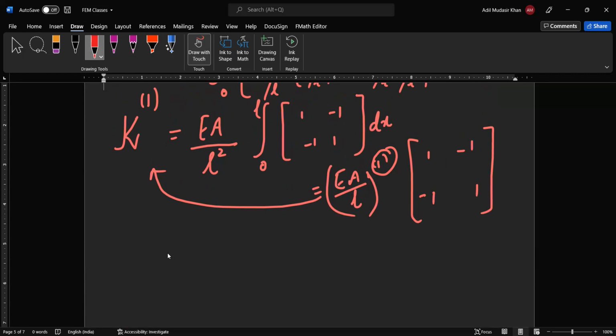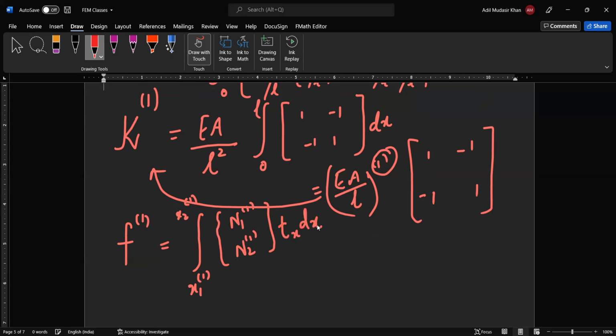And let's try to see the F matrix, small f matrix. As far as the small f matrix is concerned, we just stated that small f was equal to the integral going from x1 to x2, and then it was N1 N2 for element 1, and t of x dx. t of x is traction.